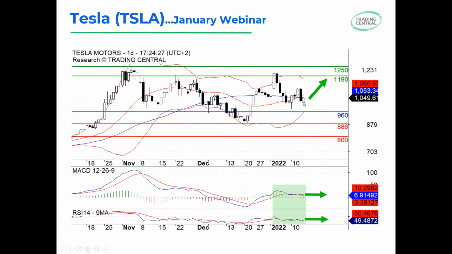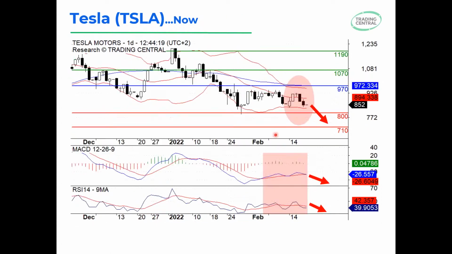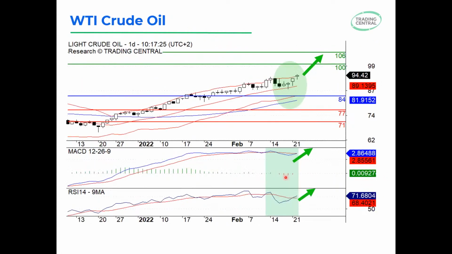Oh, yes, and I would say you have to check if you are a momentum trader. If you are a momentum trader, you have to have a look at, can you see my chart here? Well, in fact, the key support.